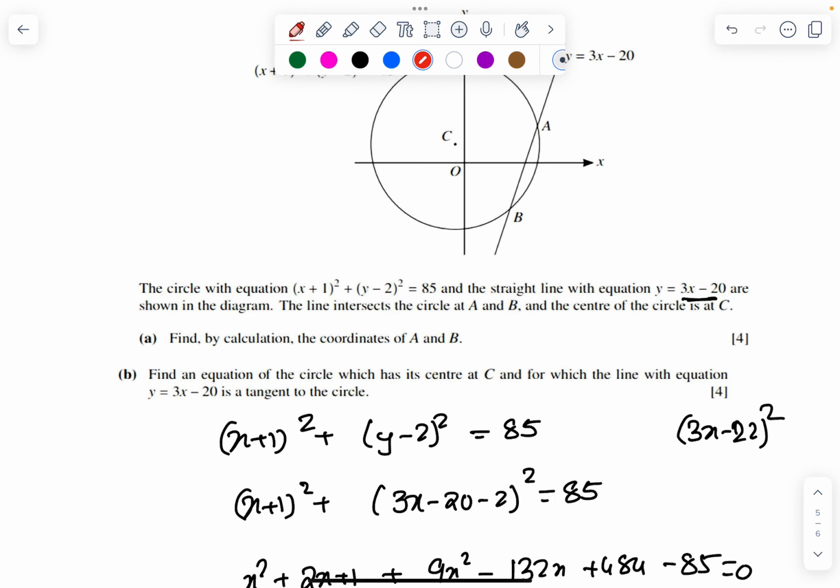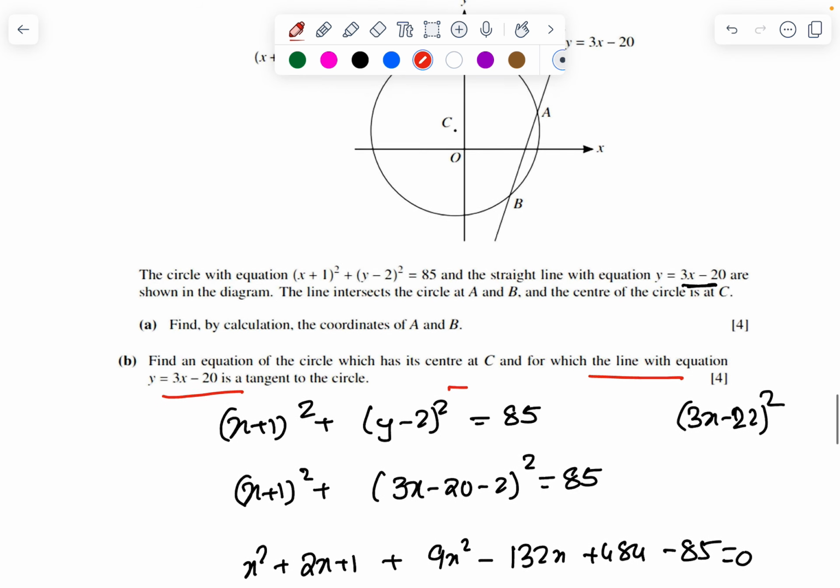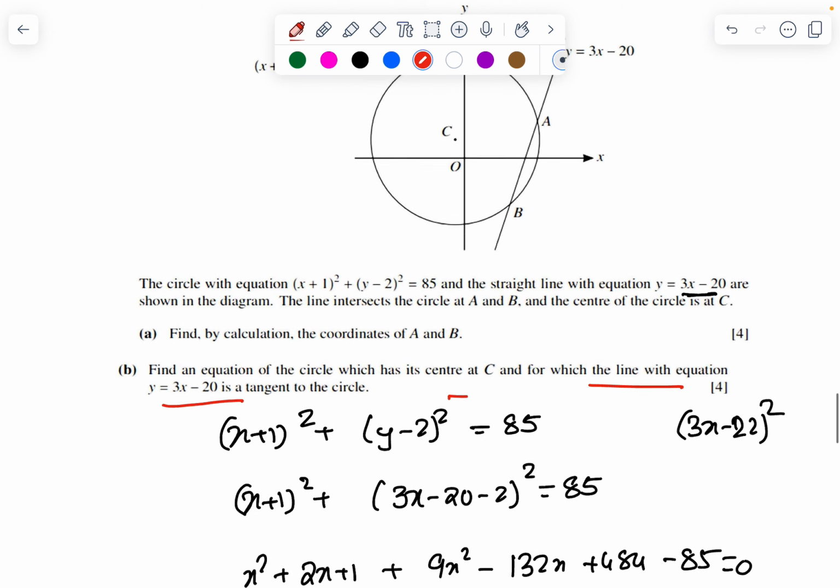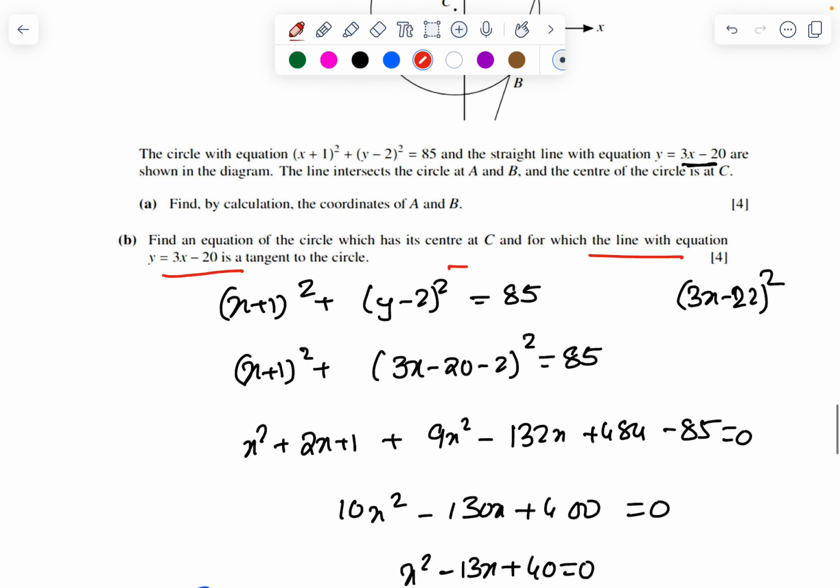Then find the equation of a circle which has a center C, for which the line of the equation is the tangent to the circle. So C is the center, but 3x minus 20 is going to be the tangent.